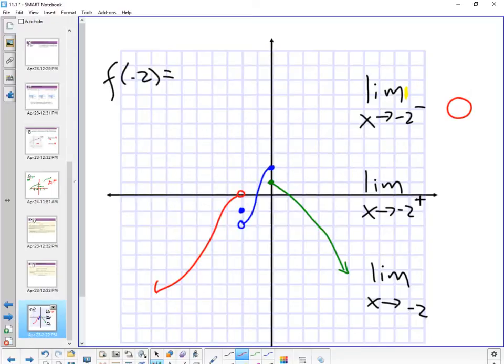What is the limit of this function as x is approaching -2 from the positive side? I'm approaching -2 from the positive side.